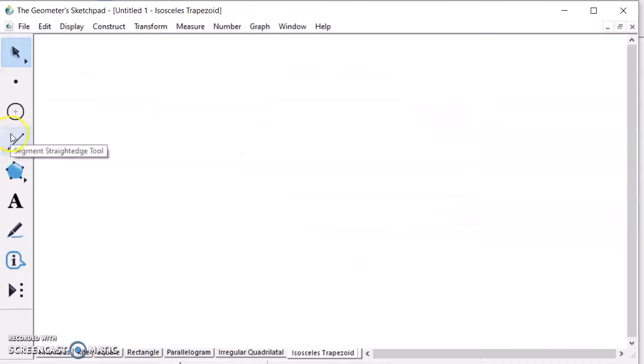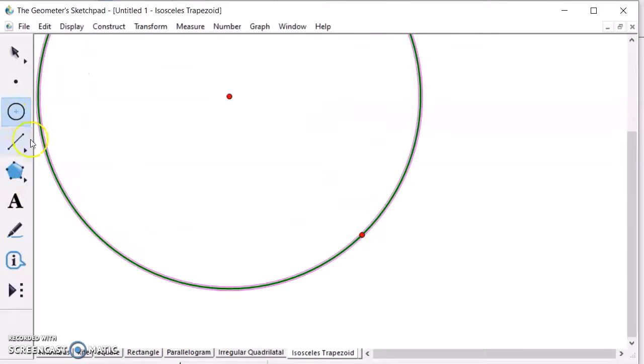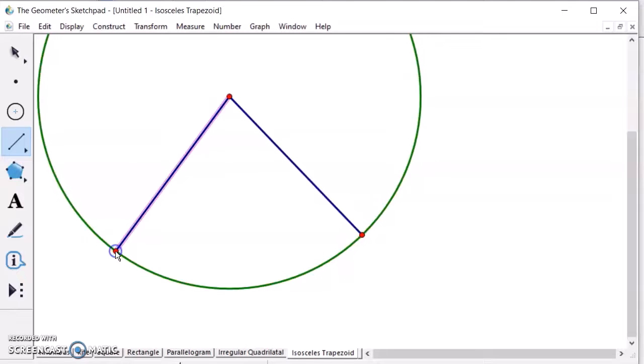And then lastly, the isosceles trapezoid, which to me, the easiest way to construct an isosceles trapezoid is to make an isosceles triangle. And already I have a circle arc congruent.